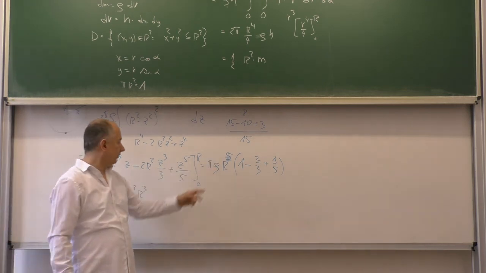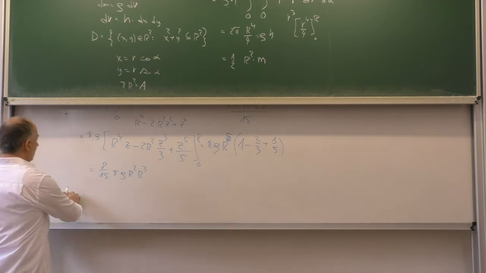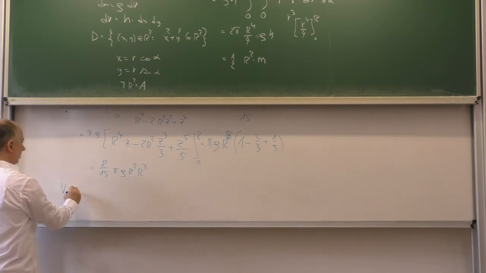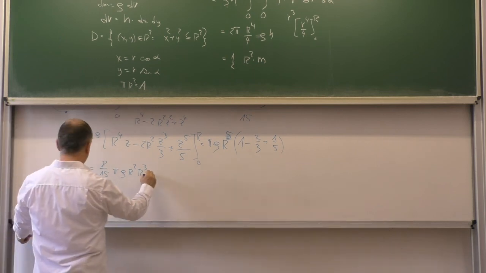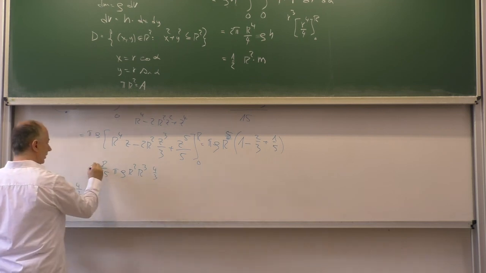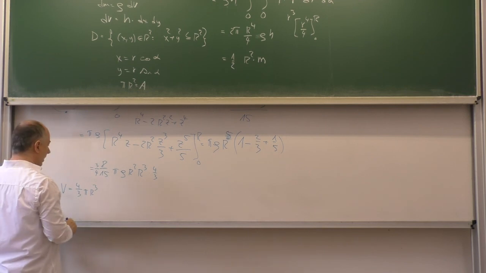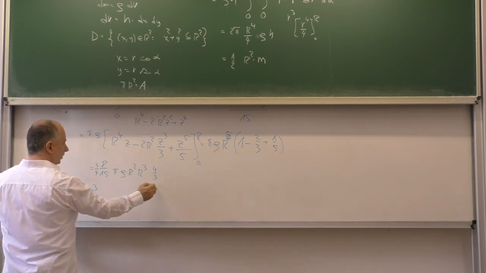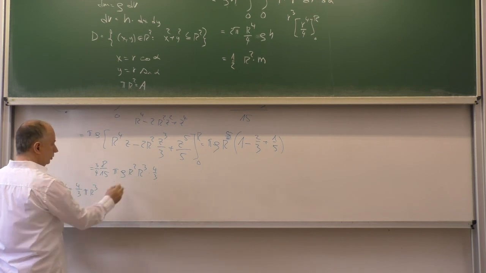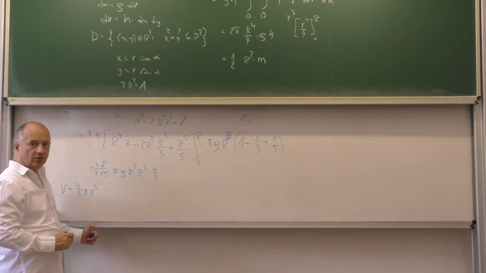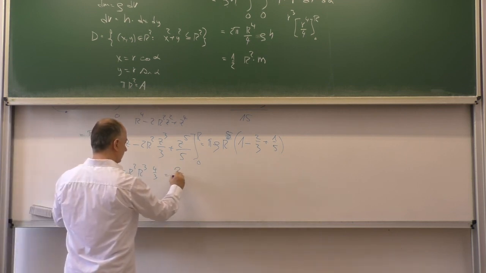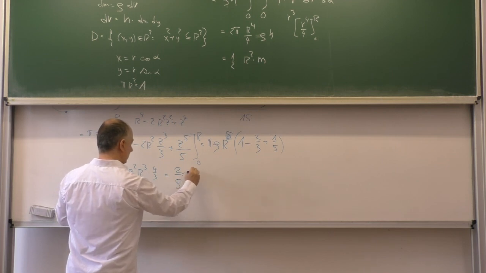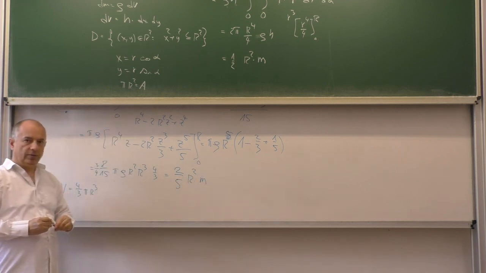I will write R to the 5 as R squared times R. And then when we remember that the volume of the ball is 4/3 pi R cubed, then if we multiply by 4/3 and by 3/4, then 4/3 pi R cubed is the volume, times the density rho is the mass, and this fraction becomes 2/5 R squared times m, which is the mass of the ball.